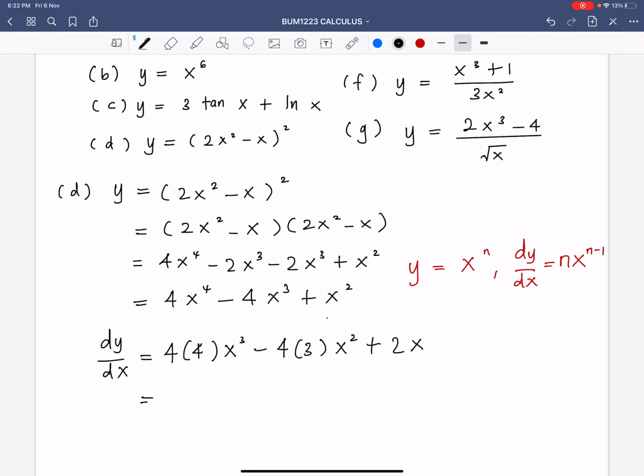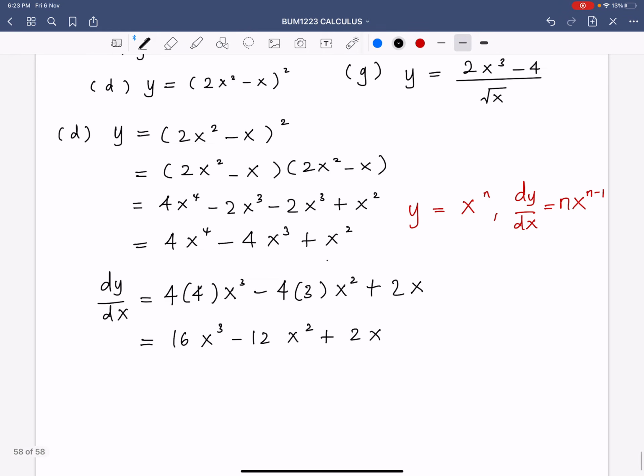Next, we want to simplify. So 16x cubed minus 12x squared plus 2x. If you want to factor out the common factor, you can do so. The common factor is 2x.